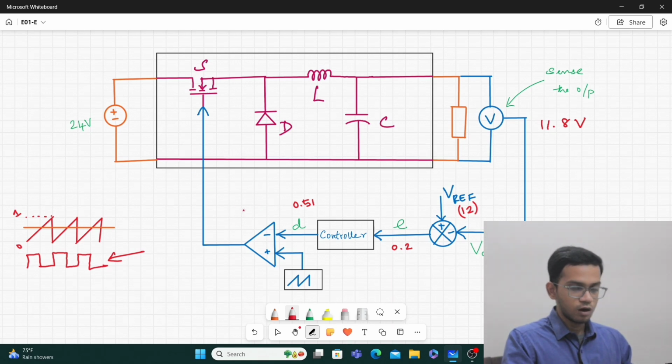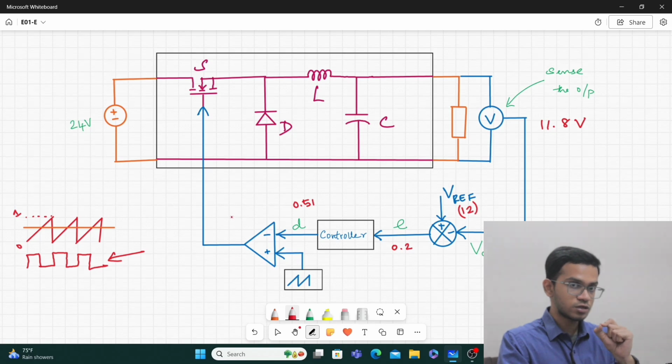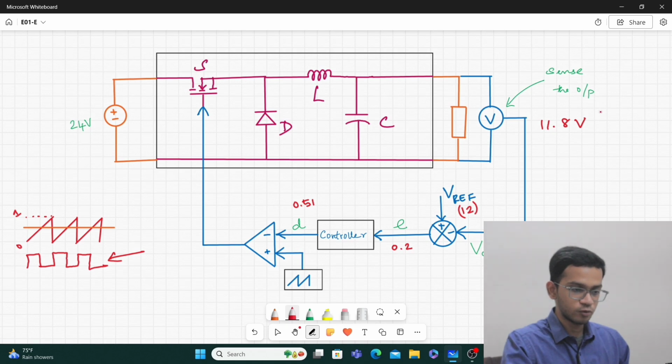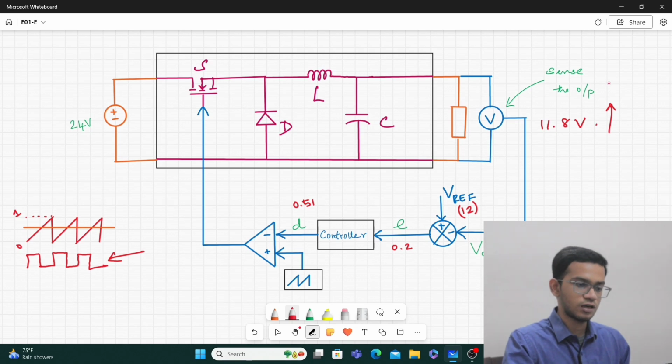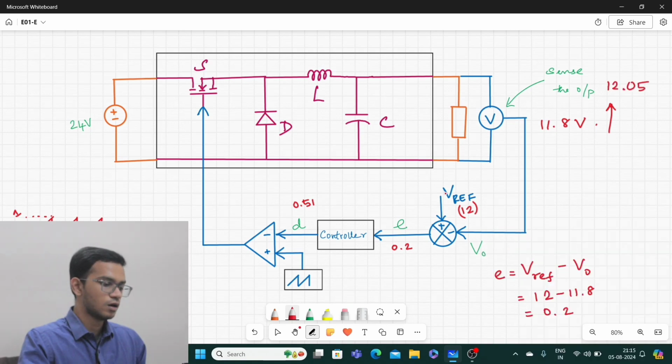Now, as I said, the duty ratio required is 0.5, but we have 0.51 now. Because of this 0.51, the output will not go and settle exactly at 12 volt. Rather, it will go and settle at some voltage slightly greater than 12. Let us not go into the exact mathematics. Since I am saying slightly greater than 12, let us assume some voltage of 12.05 maybe.